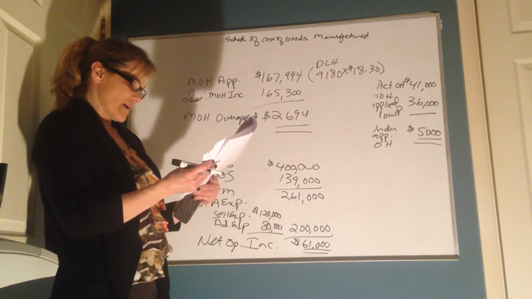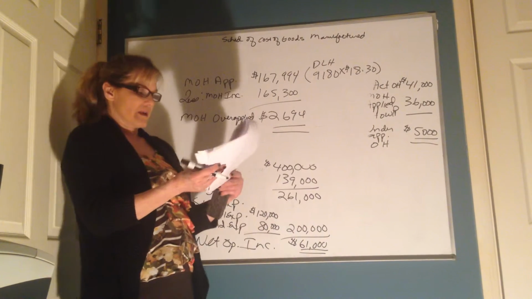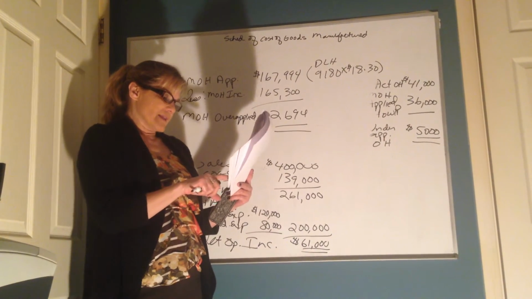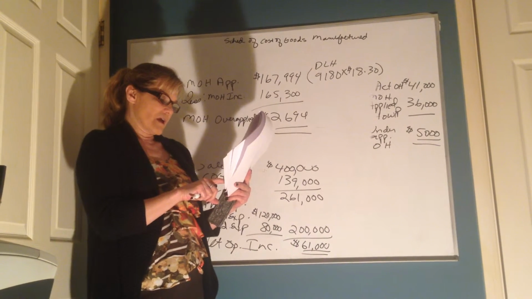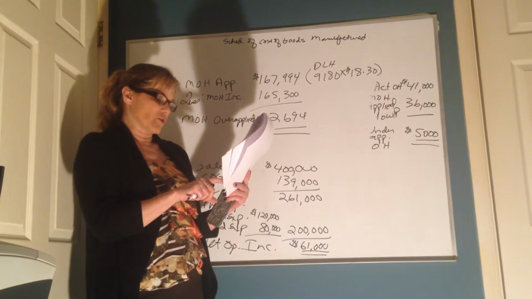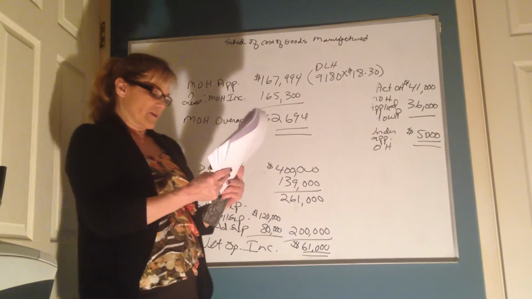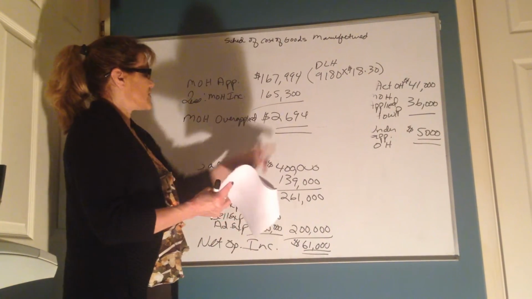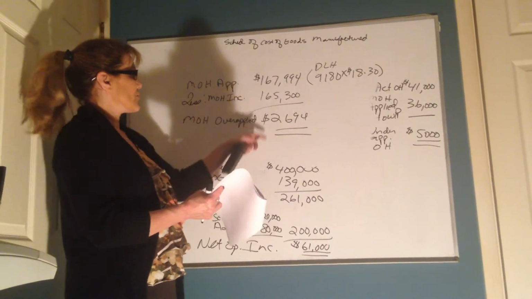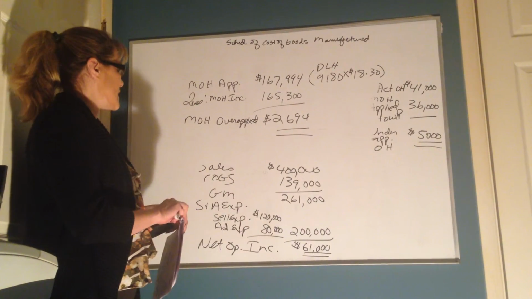And the last thing, question 2, I didn't put question 2 in, but on your homework, it's asking if over-applied overhead costs close out to cost of goods sold, what's the effect on gross margin? Gross margin would increase by this $2,694. So whatever figure you get in number 1 on your homework, that's how much gross margin will increase.